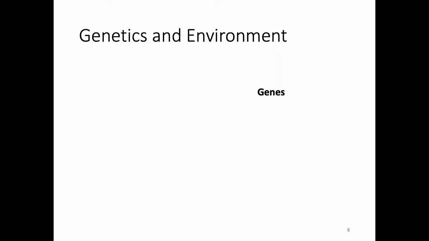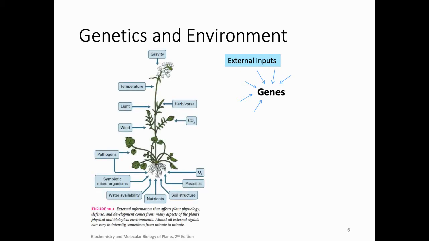Like I said, the gene is the basic unit, the origin of everything, and it can be stimulated with external input or external stimuli. For example, plants can perceive nutrients, soil structure, and availability of water. Other organisms like pathogens, symbiotic bacteria, fungi, parasites, neighboring plants, and herbivores, or animals that eat them.